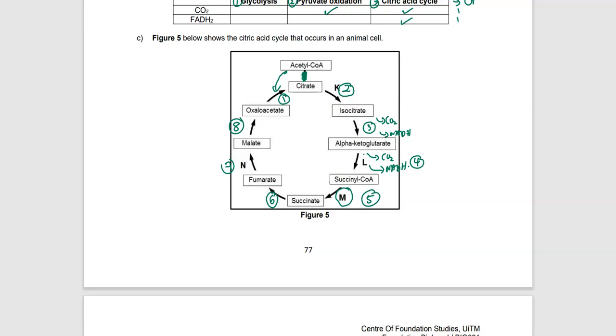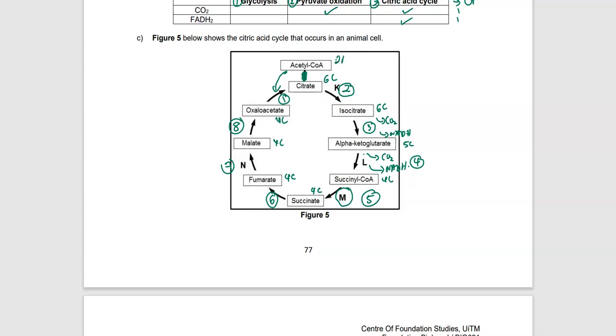Oxaloacetate is a 4-carbon compound, malate is a 4-carbon compound, fumarate is a 4-carbon compound, succinate is 4-carbon, succinyl CoA is also 4-carbon. Alpha ketoglutarate is a 5-carbon compound, isocitrate is a 6-carbon compound. Same goes for citrate, a 6-carbon compound.